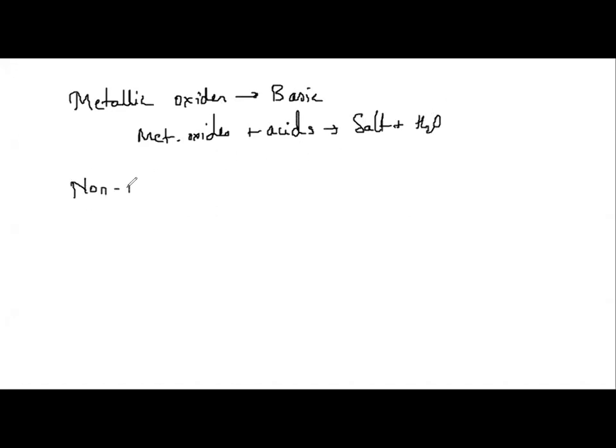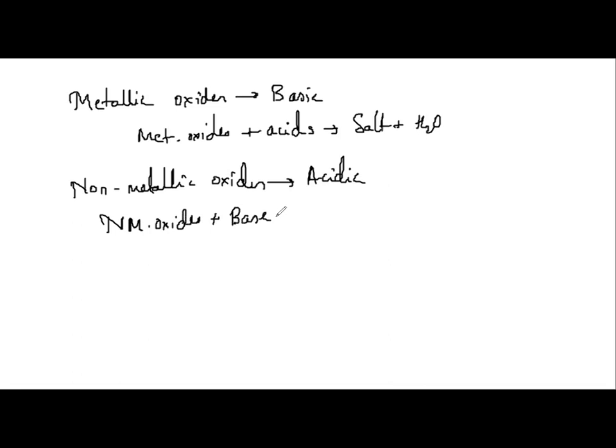Metallic oxides will react only with acids. Non-metallic oxides are acidic in nature, so they will react with bases to produce salt and water. I can quote examples also for this. Metallic oxide, which one will we take? Sodium oxide.